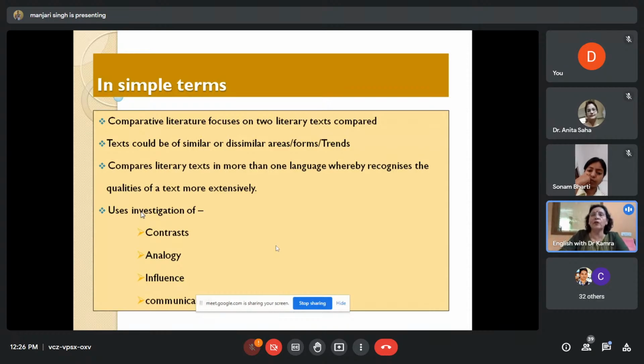For example, if you take the recent plays of Mahesh Dattani, the play The Big Fat City, you find that the verbal rivalry between husband and wife is taking place through SMS, WhatsApp messages.